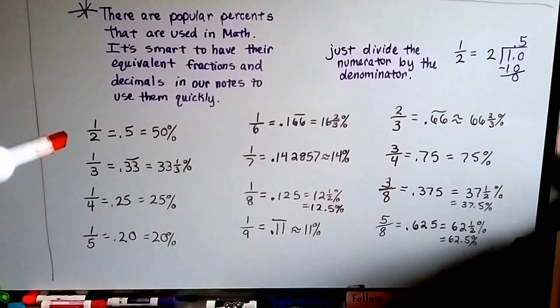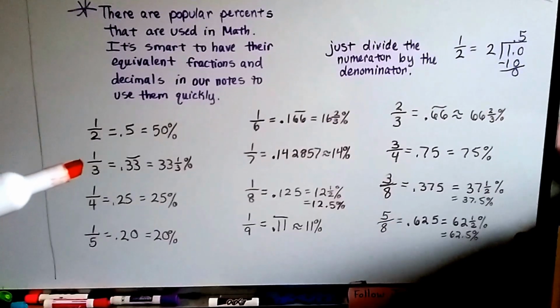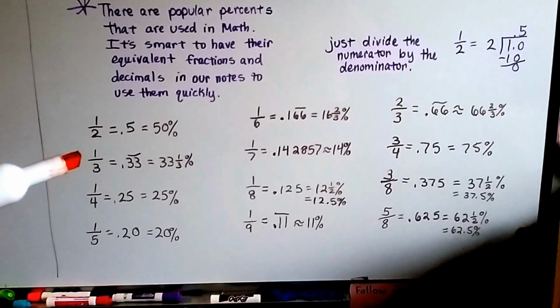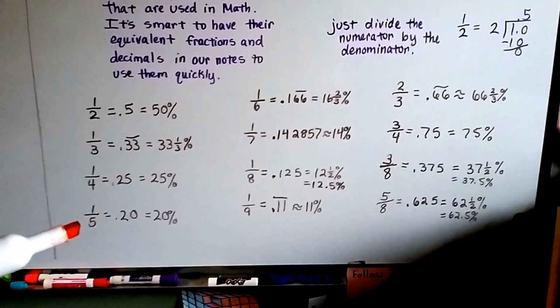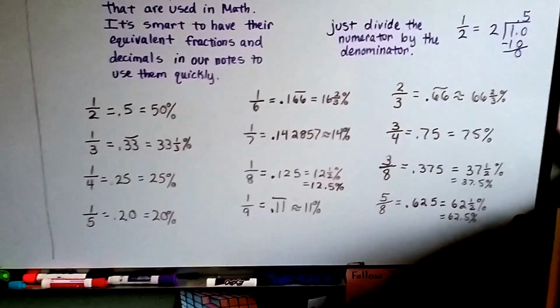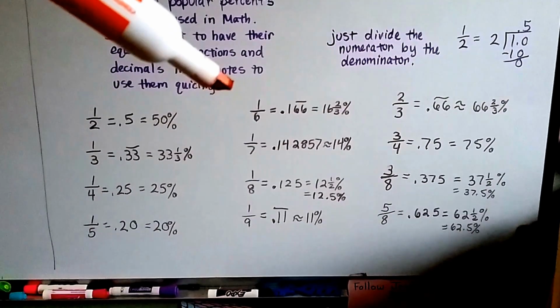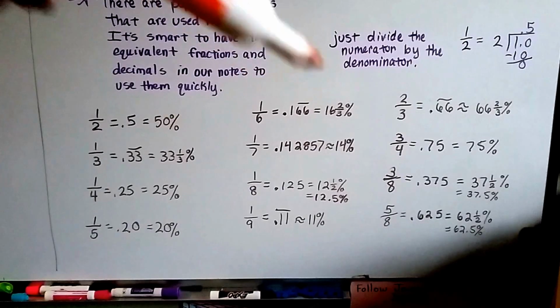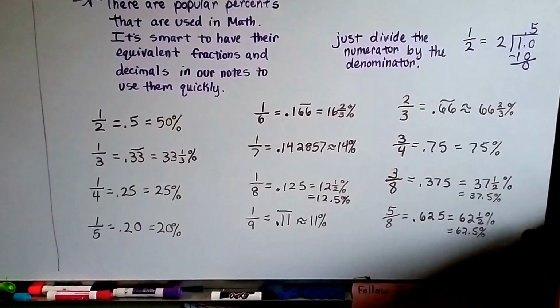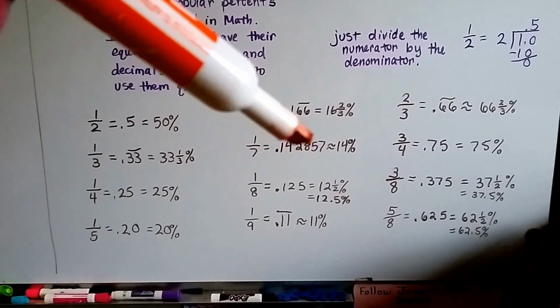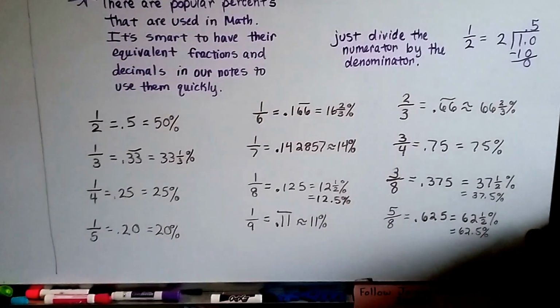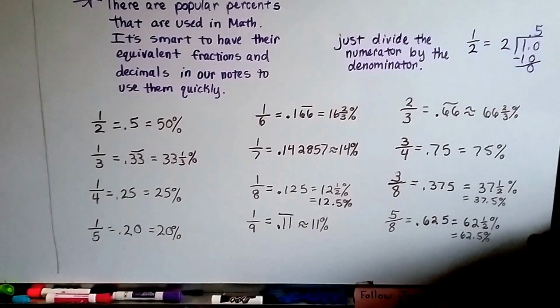A half is 0.5 or 50%, 1/3 is 0.33, which repeats, which is 33 1/3%, a fourth is 0.25 or 25%, a fifth is 0.20 or 20%, a sixth is 0.16 with the 6 repeating, so it's 16 2/3%. 1/7 comes out as 0.1428571, which is approximately 14% when we round it off.